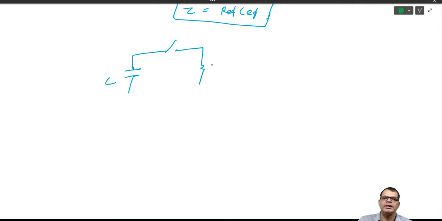You have an R, 10 kilo ohm, and the switch is closed at t equal to 0. You need to find this i(t) for t greater or equal to 0.